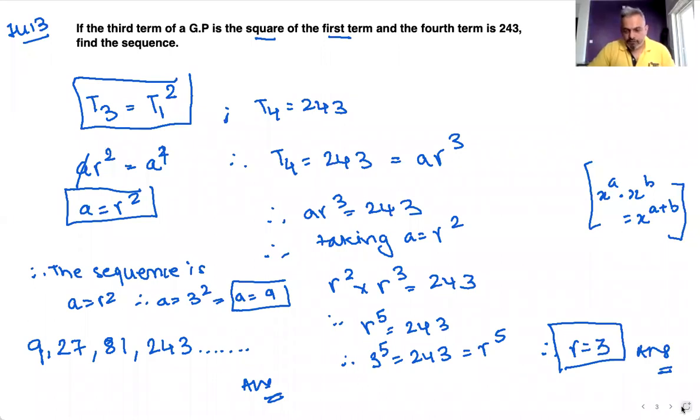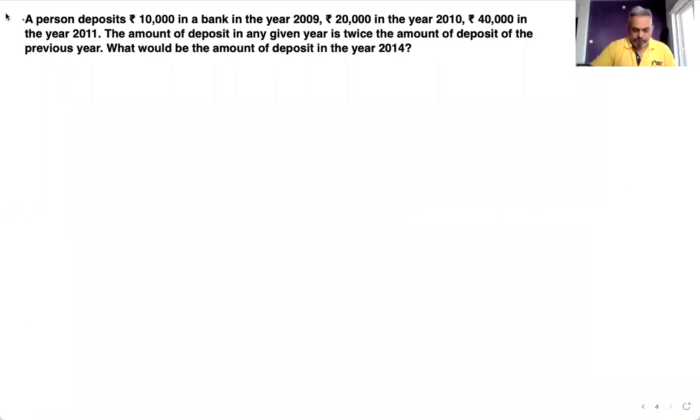Next question, extremely important for exam. Illustration number 14. Please ध्यान देना. A person deposits 10,000 in a bank in the year 2009, 20,000 in the year 2010, 40,000 in the year 2011.